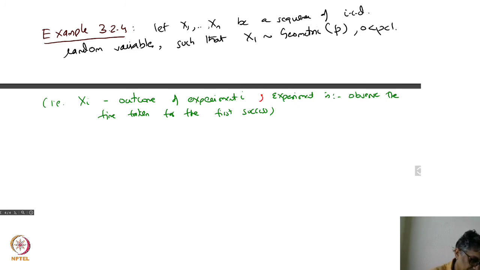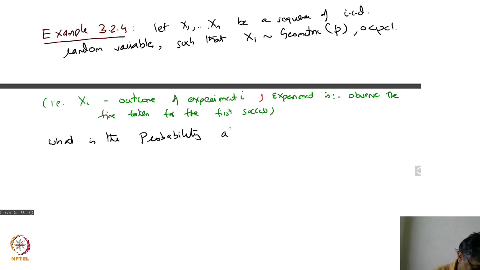So now what if I ask you the following question? What is the probability that it took you at least j trials in each of the experiments?